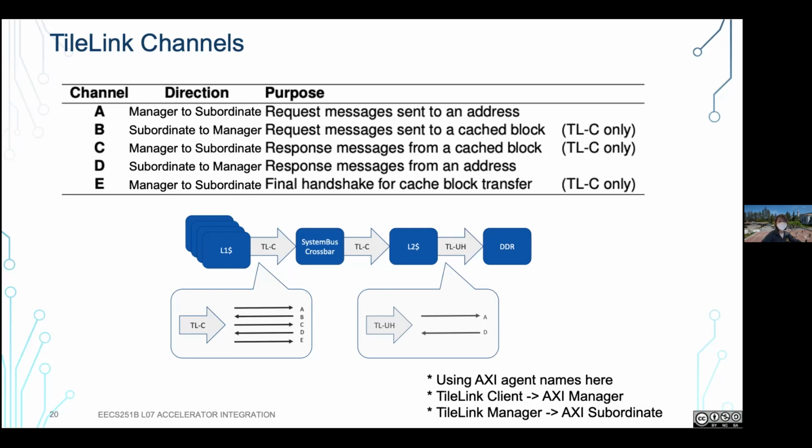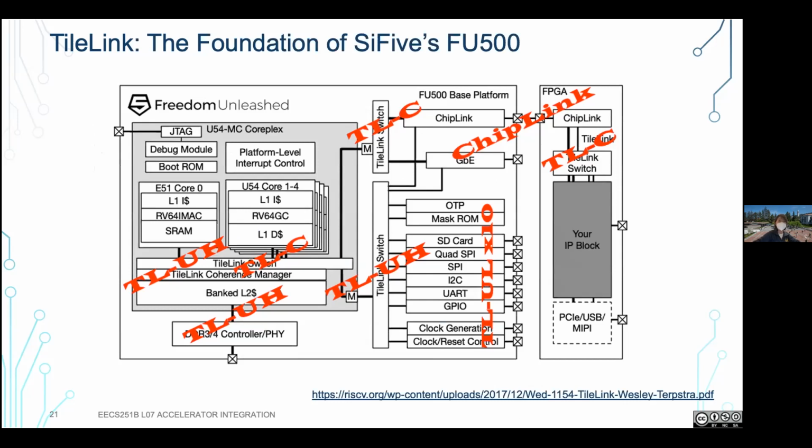Actually, that's a good question. To be honest, I don't know how we interact with a DRAM controller in our ecosystem. In the tiling specs, they do specify that tiling can also be used as an off-chip link, still basically using the uncached version, the A and D version that we're using.